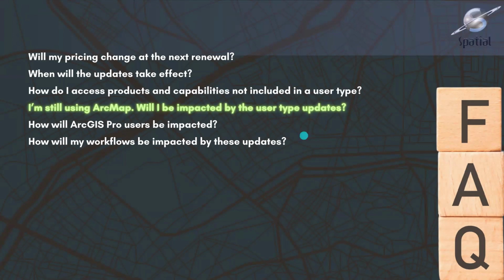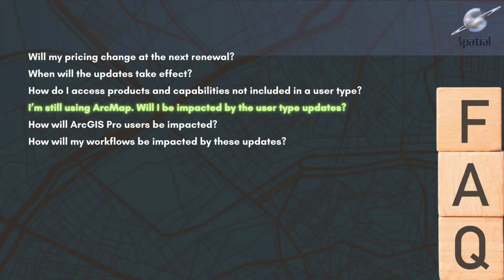Sure thing. If you are using ArcMap and are current on your maintenance, you'll only receive legacy entitlements. That will not include additional apps, extensions, or capabilities of the new user types. With ArcMap retiring in 2026, we encourage you to move over to the new user type licensing model, Creator, Professional or Professional Plus, as soon as possible.